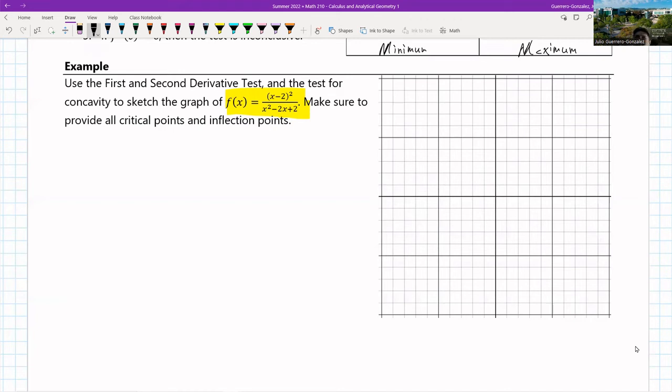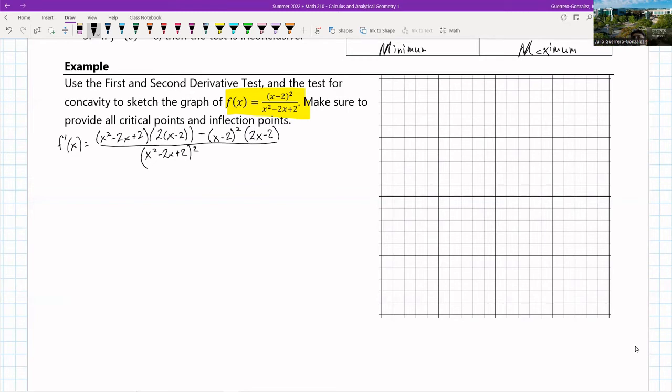So the first thing I'm going to do, like I said, is take the derivative. f prime of x: it's going to be low, in parentheses, x squared minus 2x plus 2, times d high, which is 1 times the derivative of the inside, minus high, x minus 2 quantity squared times d low, which is 2x minus 2, all over the bottom squared, x squared minus 2x plus 2 squared.